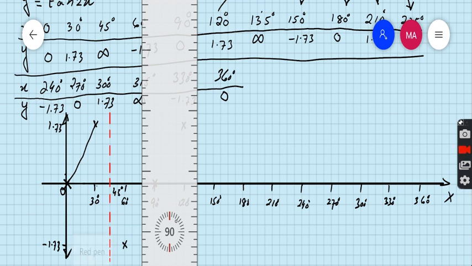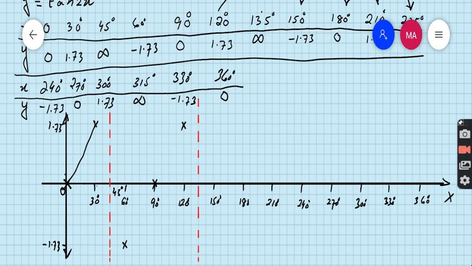I will draw a red line at 135 degree. Now join these 3 points.